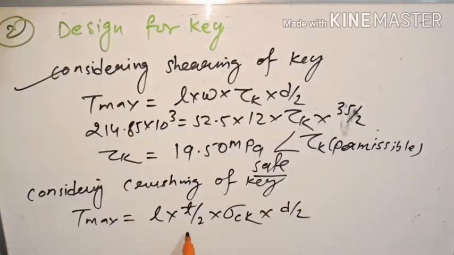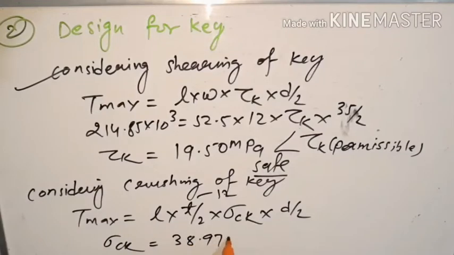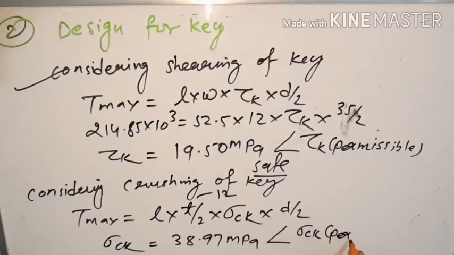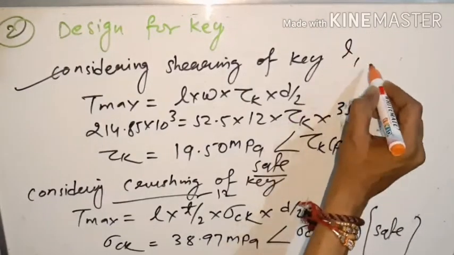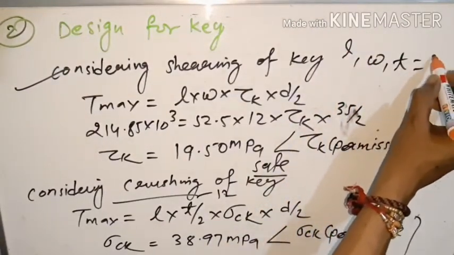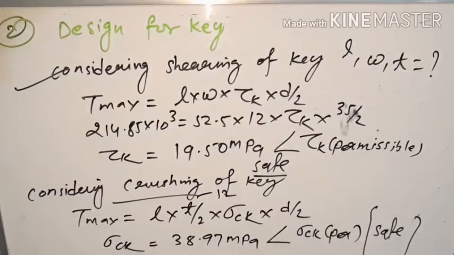Okay, so with all the values, t is around 12, you find sigma ck is 38.97 megapascal, which is also less than the permissible or allowable one. So our design is also safe for crushing stress. Okay, so now our design for key is completed, and all the dimensions like length, width and thickness are correct. No need to calculate further.